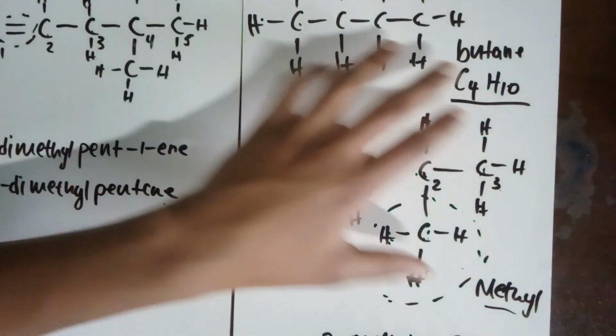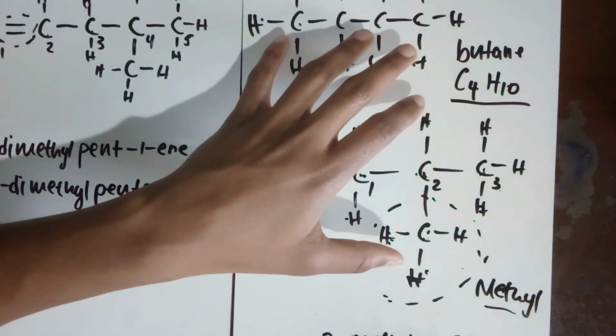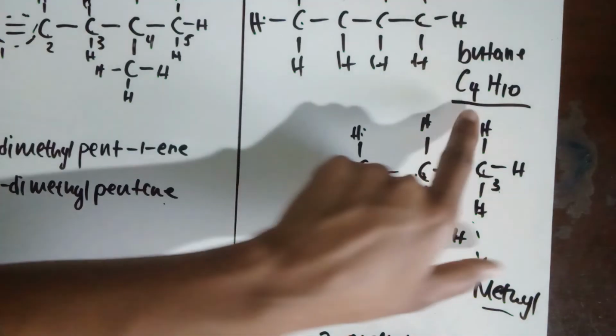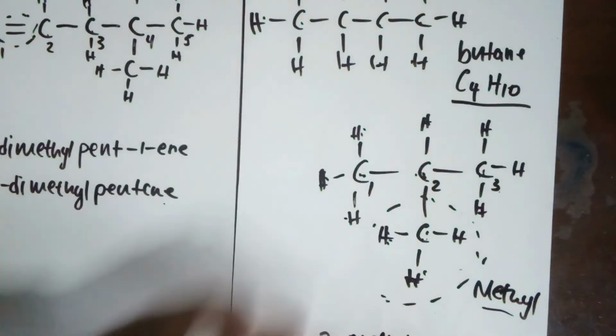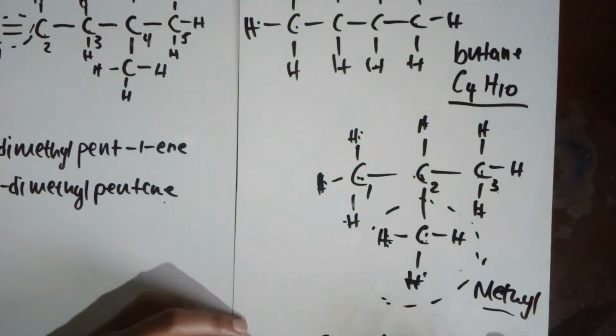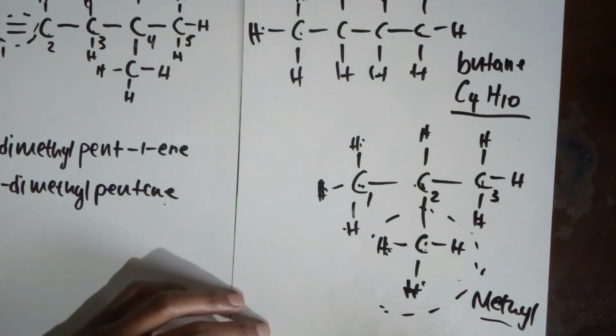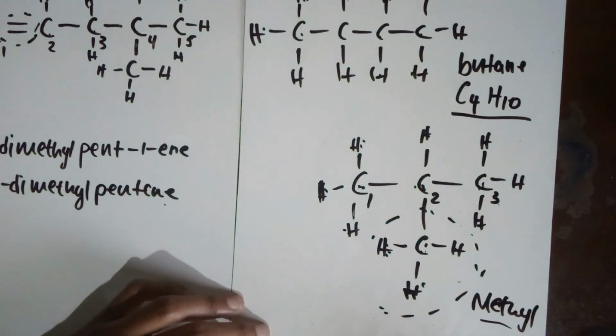And now we are defining chain isomers, where their chains look different but their molecular formula is the same. So let us finish this lesson here, and in the next lesson I think we're going to start talking about haloalkanes.